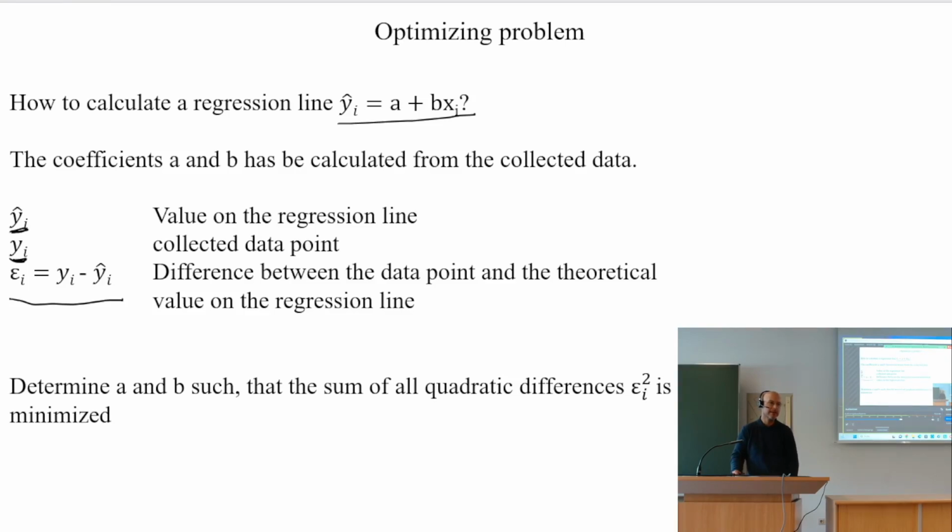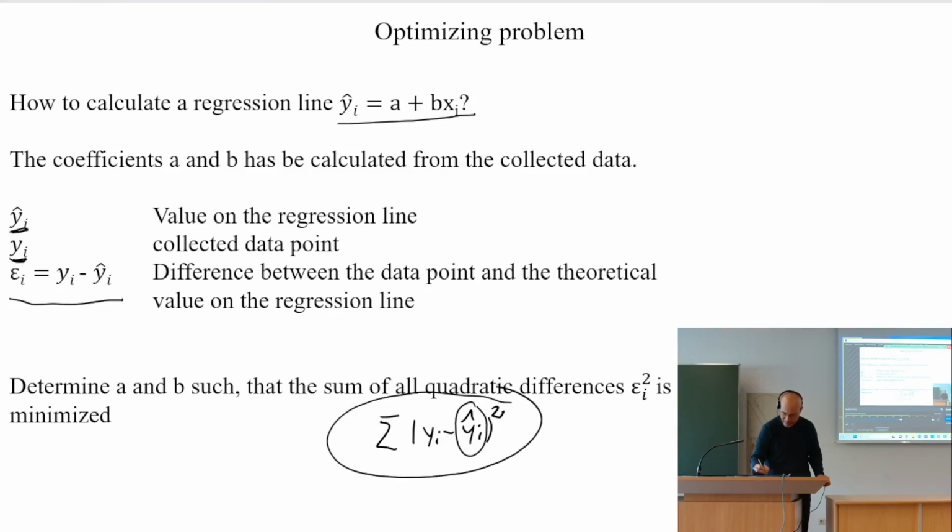And what we then do is remember the concept of variance, that we take the difference between the actual value and the value on the regression line, and that we want to try to calculate this regression line in such a way that the sum of all squared distances will be minimized.